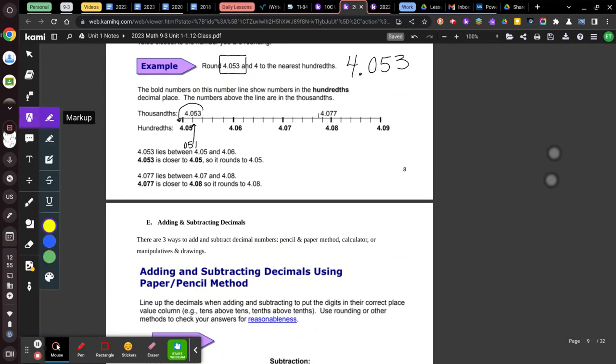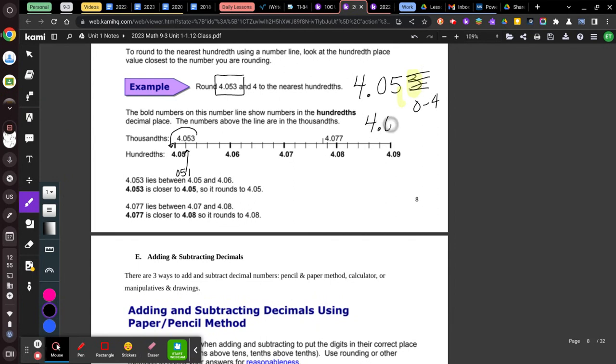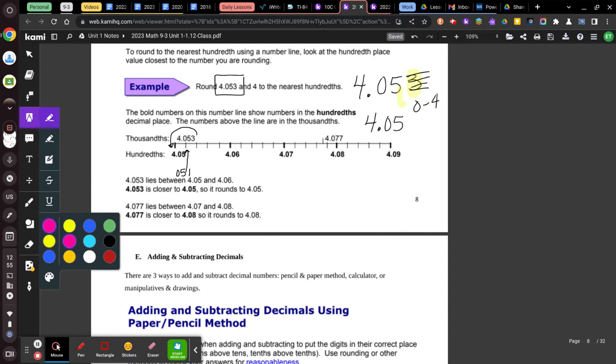If I do it with digits, we look at the third number. That third number is between 0 and 4. So that means those numbers just cut off the end. So it would round to 4.05, which we are showing right here. It's going to round to 4.05.